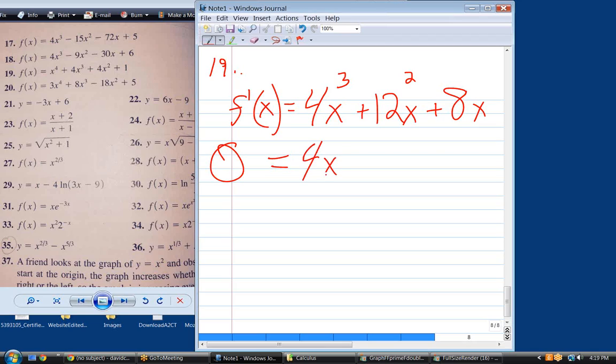What do we have left over? You have x squared plus 3x plus 2. Well, now I can divide both sides by 4x. Well, no, I don't want to do that yet. Okay. Let's factor this quadratic further.